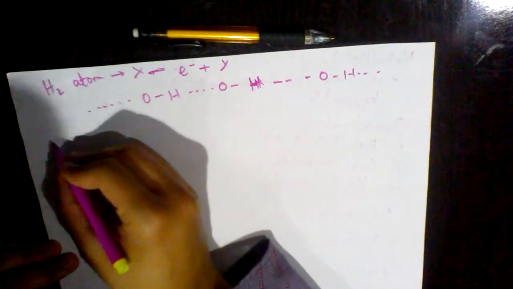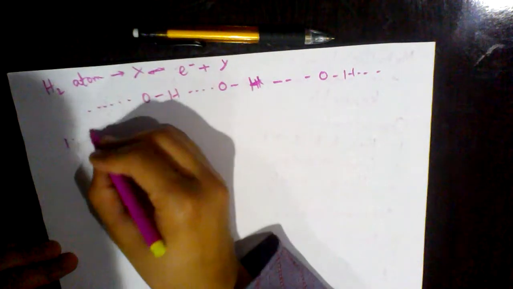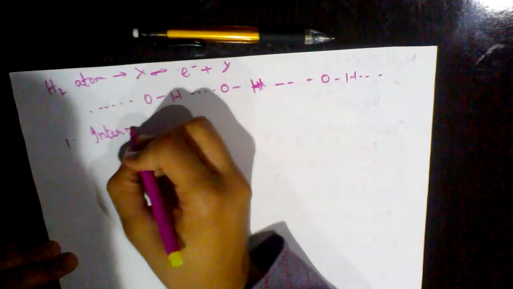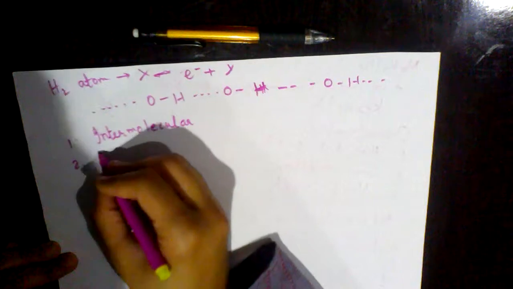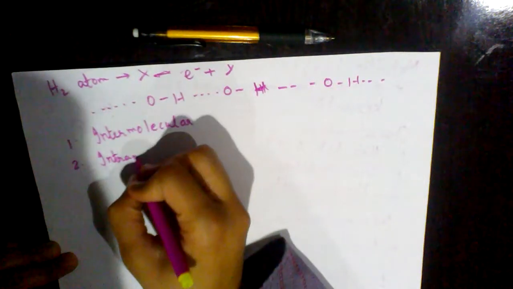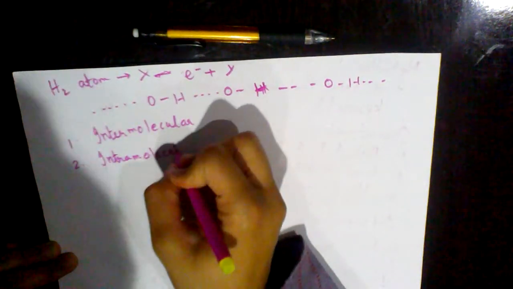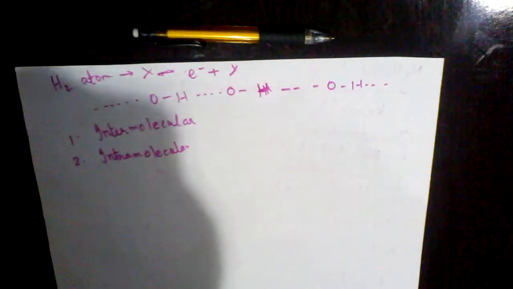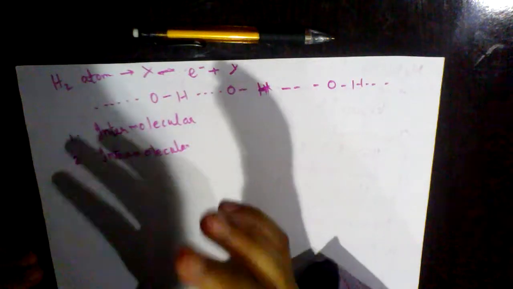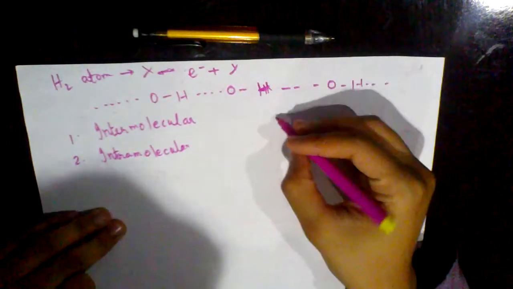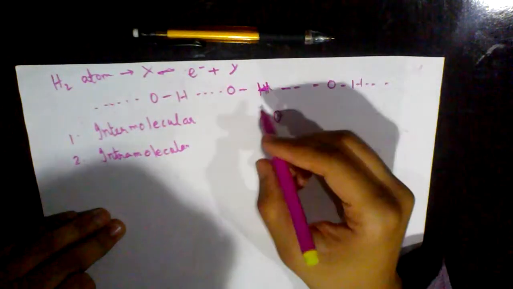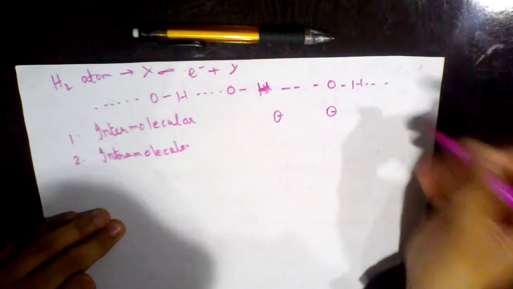Now there are two types of hydrogen bonds. Number one is the intermolecular hydrogen bond. Number two is the intramolecular. As the name suggests, the intermolecular is the electrostatic force of attraction between a hydrogen atom and an electronegative element of two different molecules.